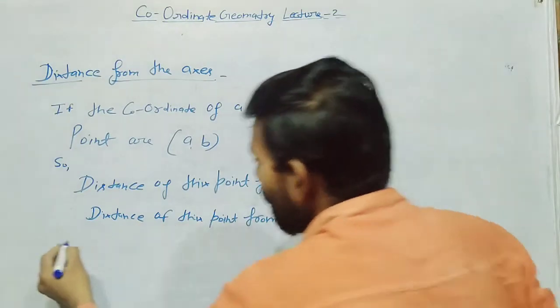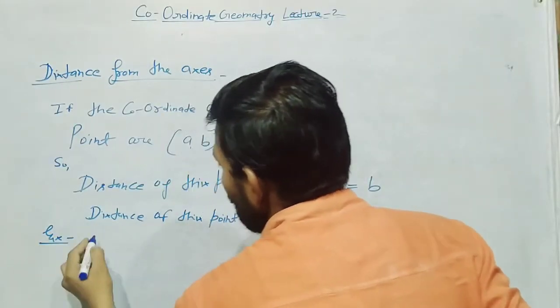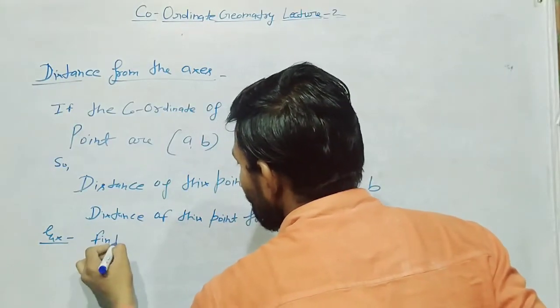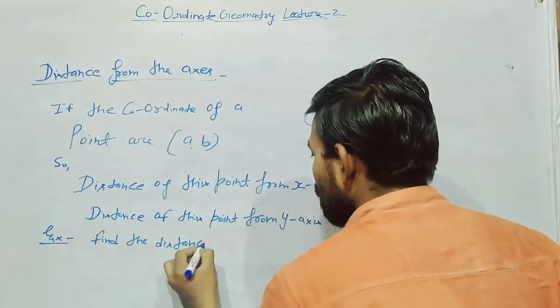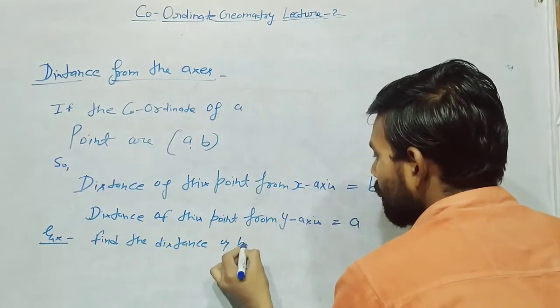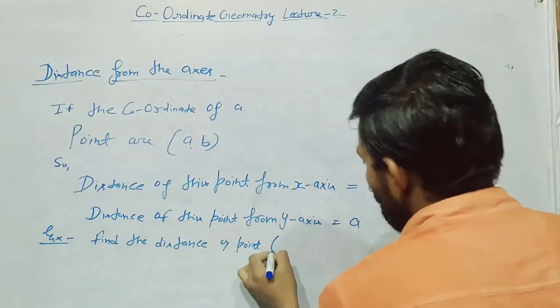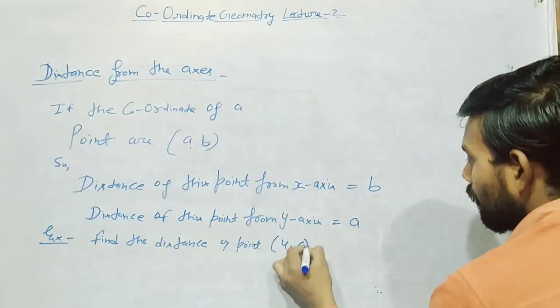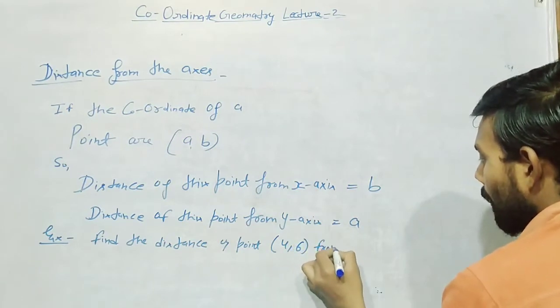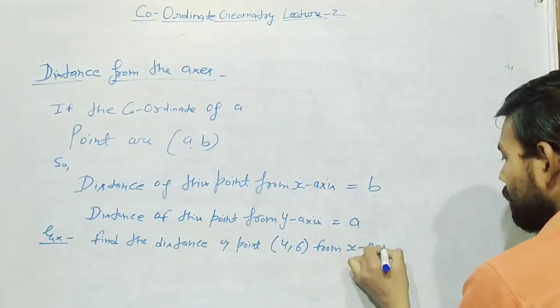So for example, find the distance of the point (4, 6) from the x axis.